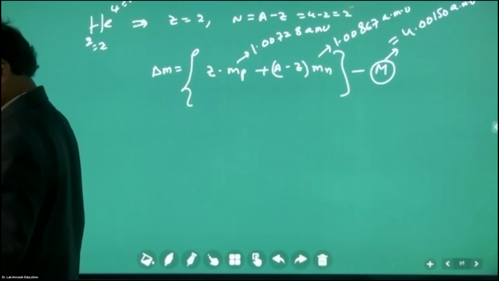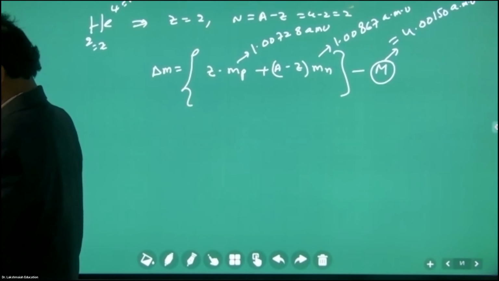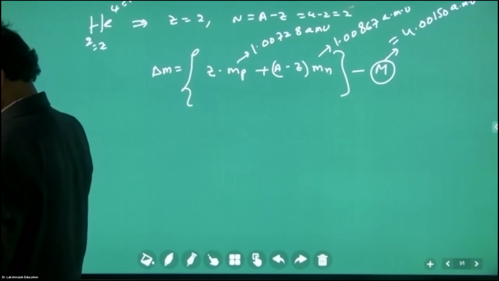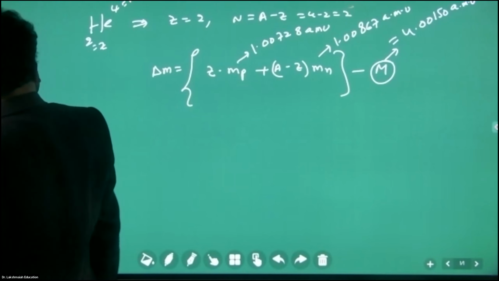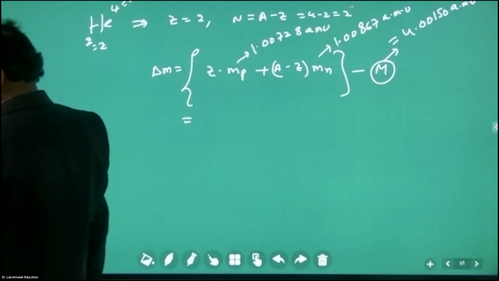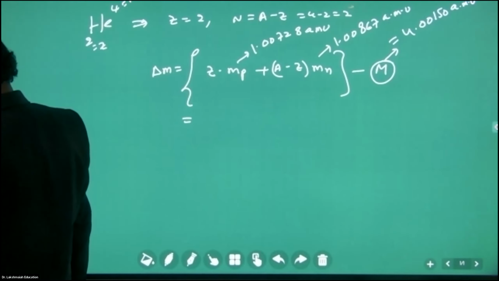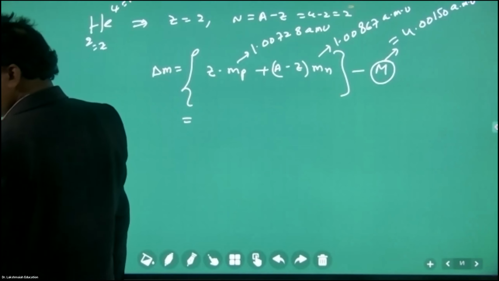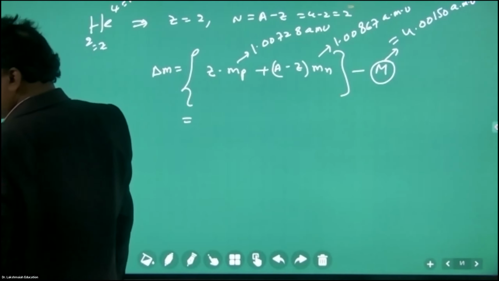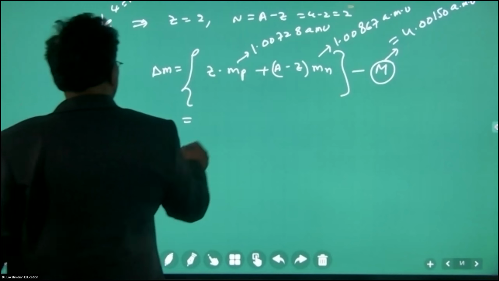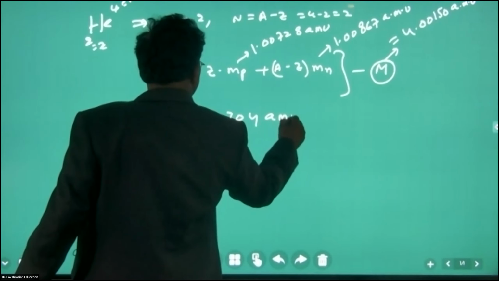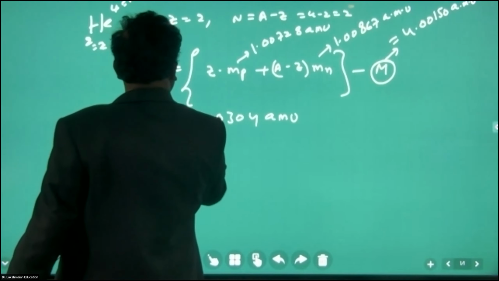If you substitute all this, you will get delta m, the mass defect, 0.0304 AMU.